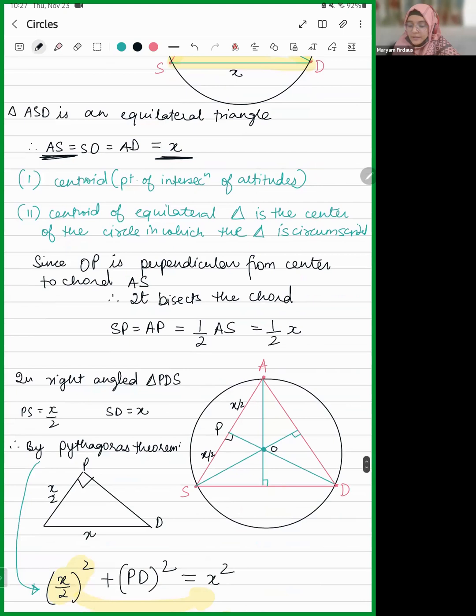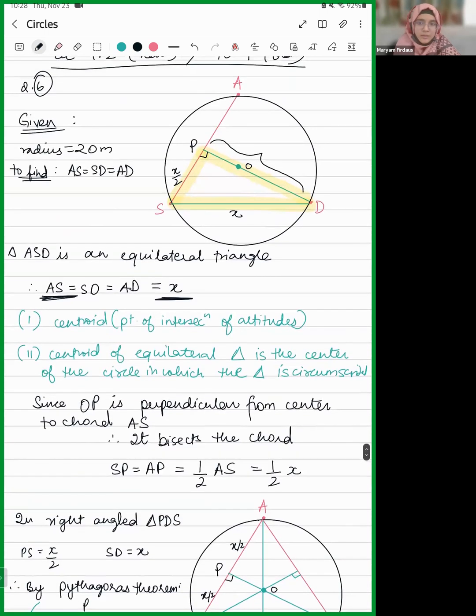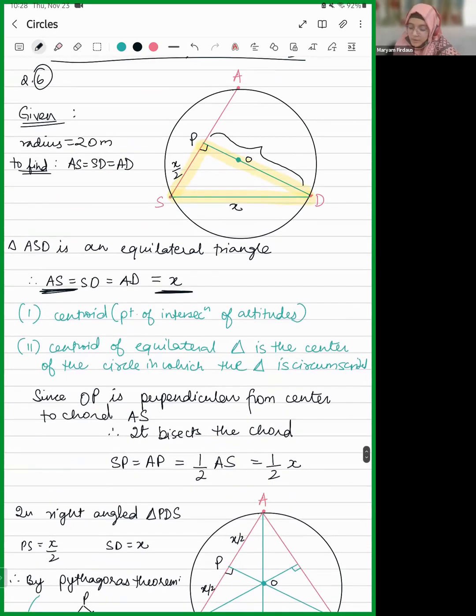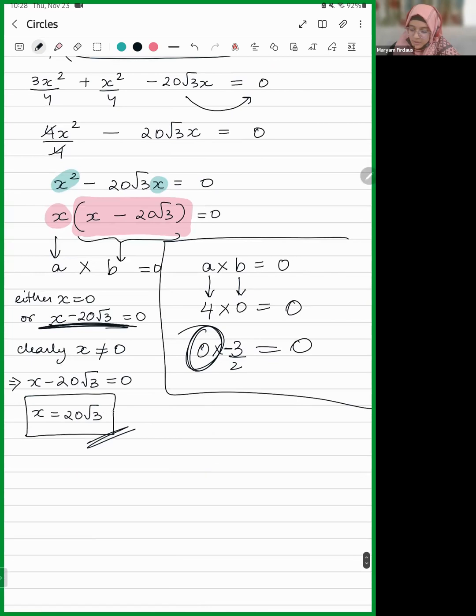this entire triangle, the pink one, is an equilateral triangle. The other thing they told us was that the radius is 20 meters. I think I have made a small mistake here. I should always mention the unit.